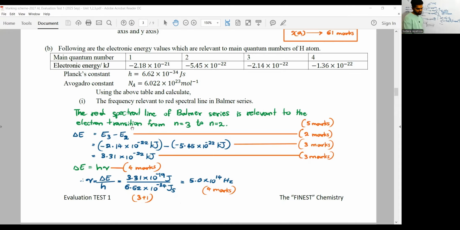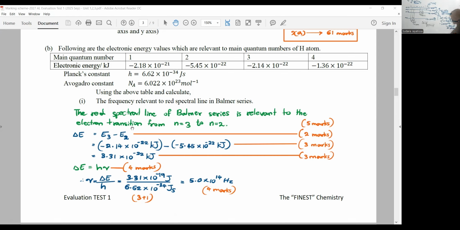So what value is coming? 3.31 into 10 to the power minus 22 joules. This is the energy released when one electron is transferred, and it is released as a photon. This is the energy of a red color photon.